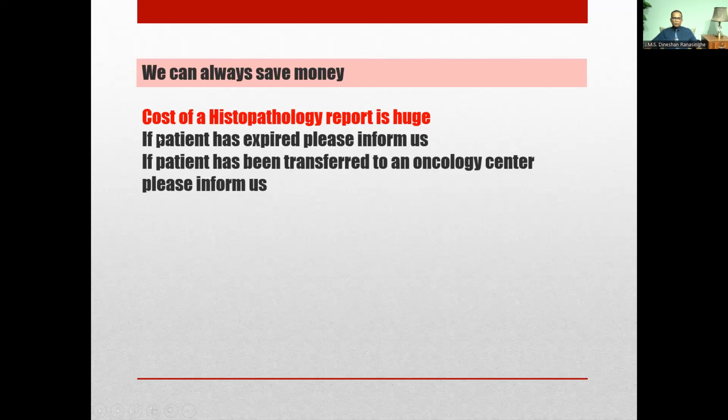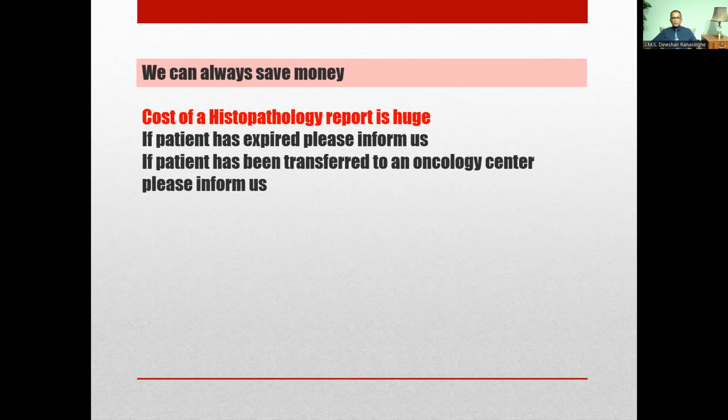Sometimes they may be very critical at the time of surgery, and the patient may have died. Without knowing the death of the patient, we may go ahead and do a lot of unnecessary immunohistochemistry in order to differentiate or type the malignancy. That is not useful for the country or the patient. So please inform us if the patient has already expired.